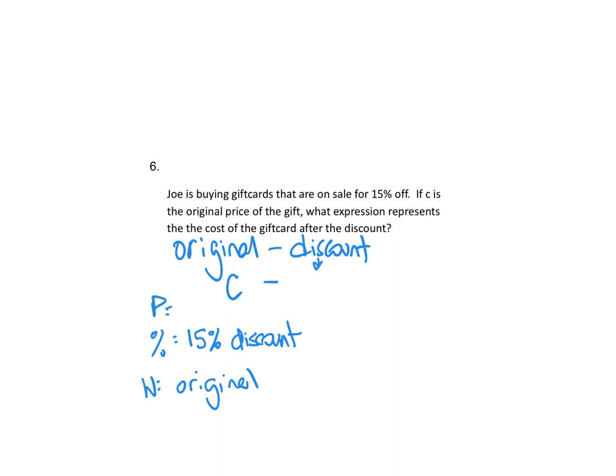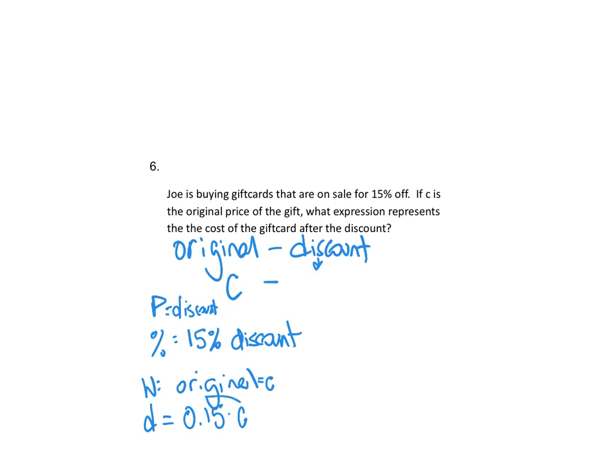So that means that my part is the discount because whatever the percent is, the part is. We remember that from our previous unit. The original is C. So when I set up my percent equation, the discount equals the 15% discount times the original. So the discount is just 0.15C.